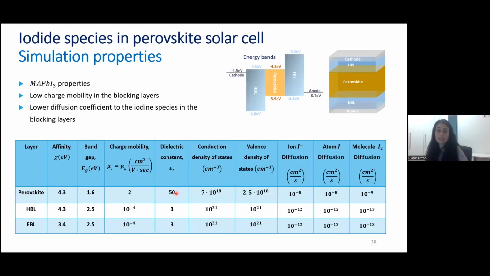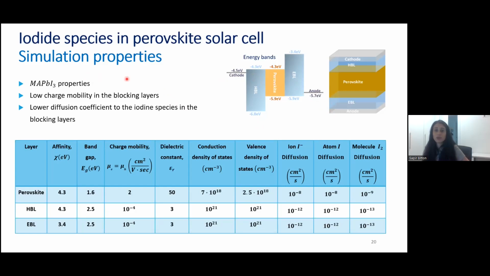Okay, so after we have calculated the necessary parameters, we simulated a basic solar cell containing electrodes, hole blocking layer, perovskite layer, and electron blocking layer, where there is a symmetry between the electrons and holes in terms of energy barriers.